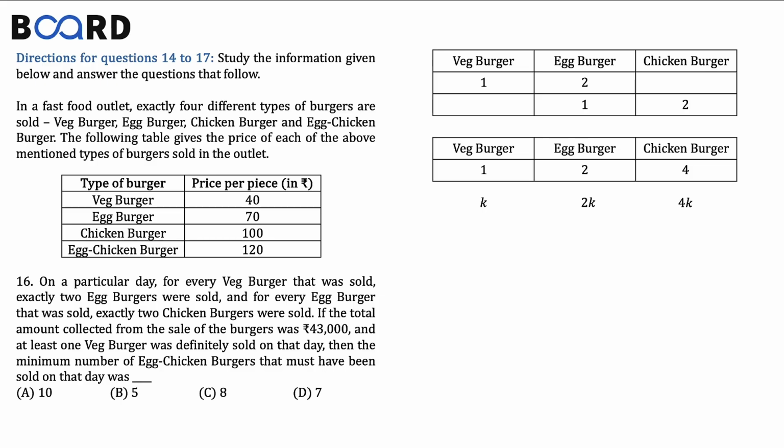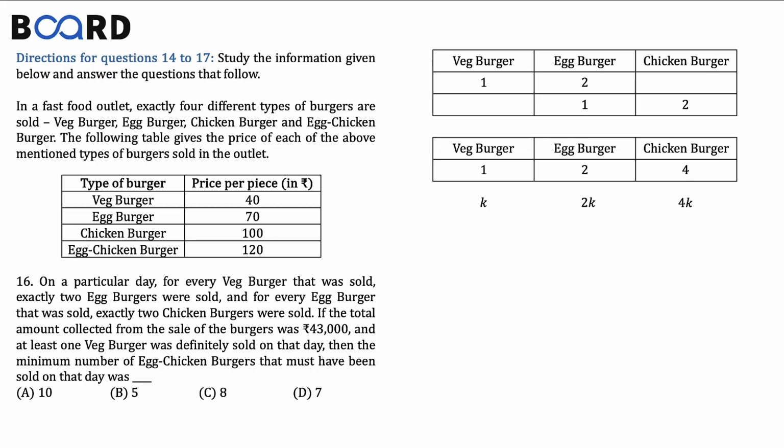Now they're saying the total amount collected from the sale of the burgers was 43,000. So total amount collected, because K veg burgers were sold, 40K will be the revenue generated. 2K egg burgers were sold, so 70 times 2K, 140K will be the total revenue generated from egg burgers. And 4K chicken burgers were sold.